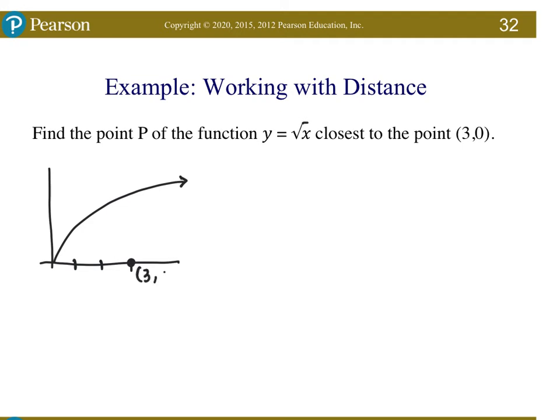And then we want some other point P on the curve somewhere. Let's say maybe here. And that is x, y, which is the closest to the point. So the distance between them is the minimum.